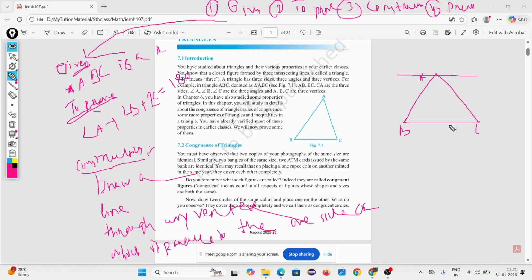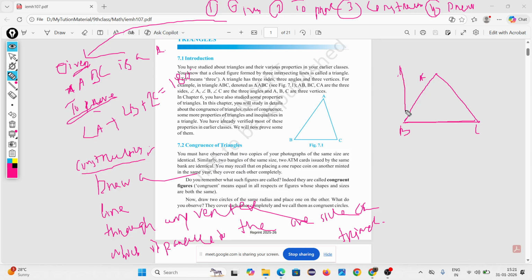Why are you thinking about base? If an altitude is not there, the base concept is not there. One side of a triangle. That means you can make a parallel line through vertex A that is parallel to BC. You can draw only one parallel line per vertex.